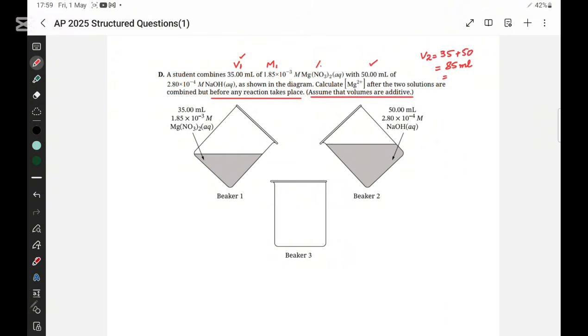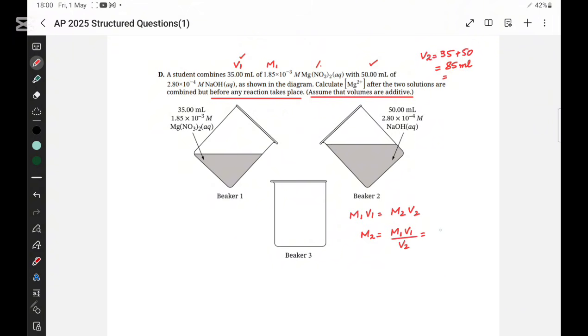We don't need to convert milliliters into liters, so we can keep it in milliliters. Now we can use the formula M1V1 is equal to M2V2. M2, the concentration of magnesium nitrate, becomes M1V1 over V2.